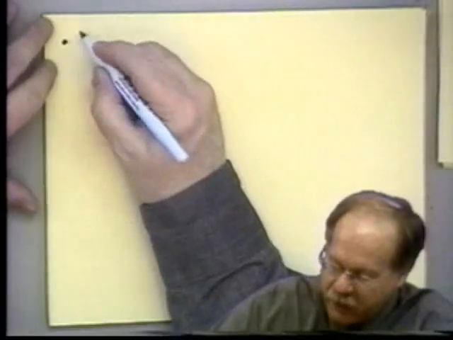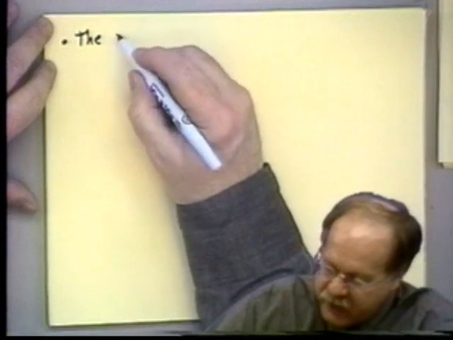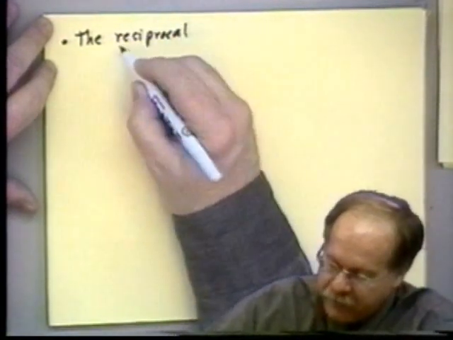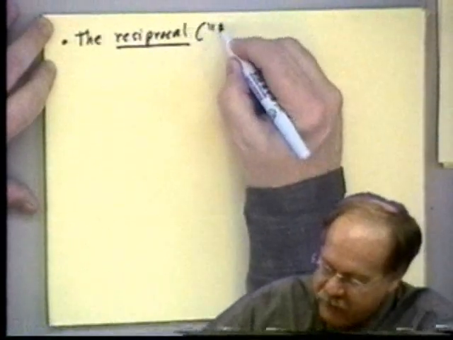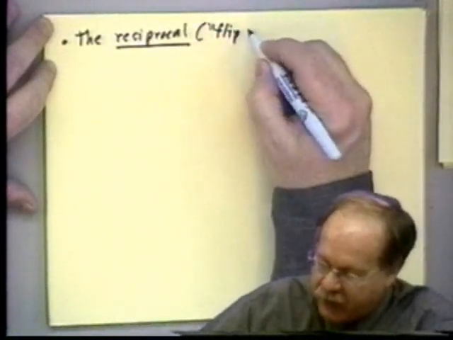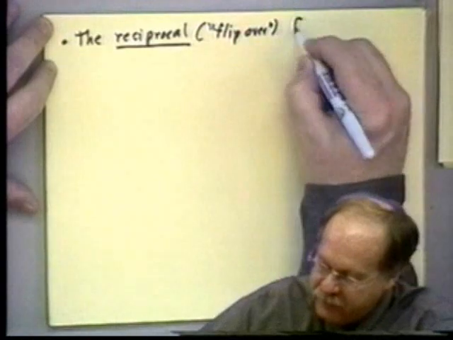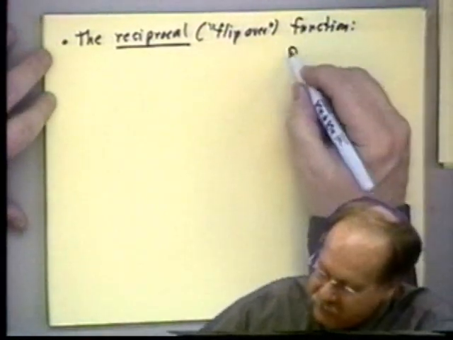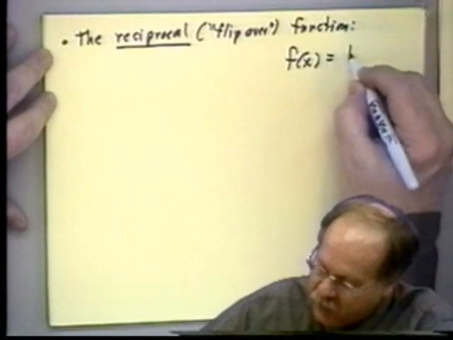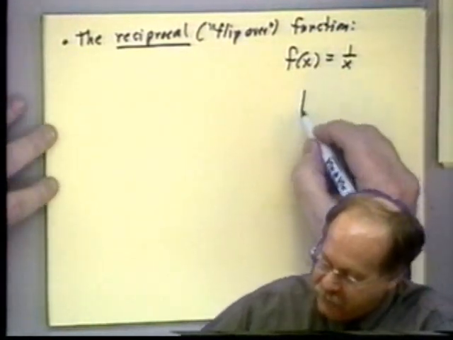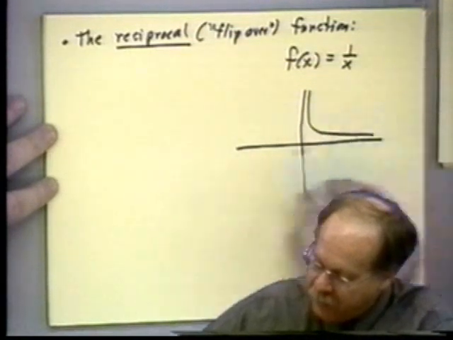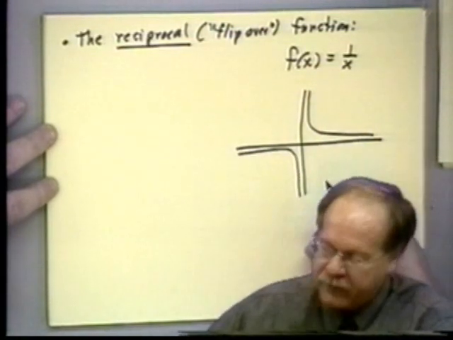All right, let's go back to one of our favorite functions, sometimes called the reciprocal function, or if you like to be a little more colloquial, the flip-over function. And that's the function f of x equals 1 over x. Again, a very, very familiar picture. We talk about this function a lot. It has this kind of a picture.